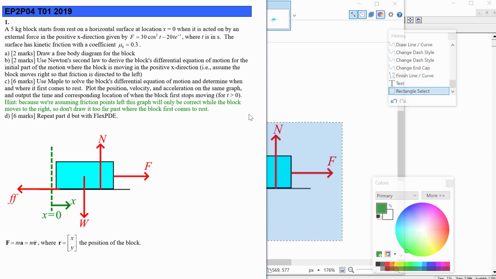Now in this situation, nothing is happening in y. The block can't move in y because there's no force causing it to move up, except for the normal force, but that only is going to stop it from moving down. It can't cause it to lift up off of the ground there. So the block can't move in y.